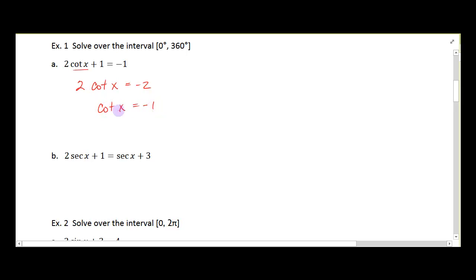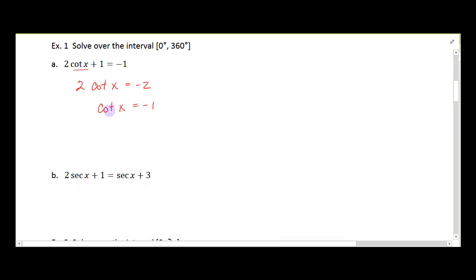Once I have it to this point, I want to first determine what quadrant my solution is going to lie in. If the cotangent of some angle returns a negative value, then I have to be talking about angles up here in quadrant 2 and also in quadrant 4, because cotangent is negative in those areas. And then I want to determine for what angle, when I take the cotangent of it, gives me back a negative 1.